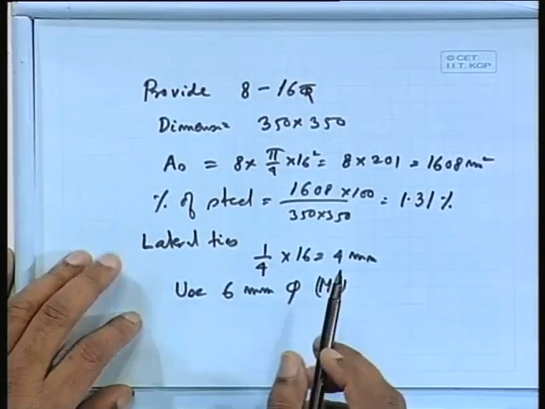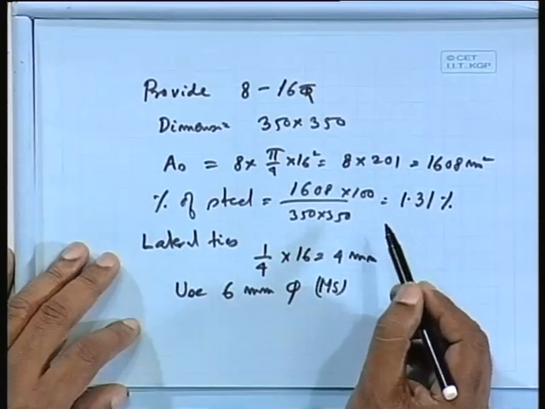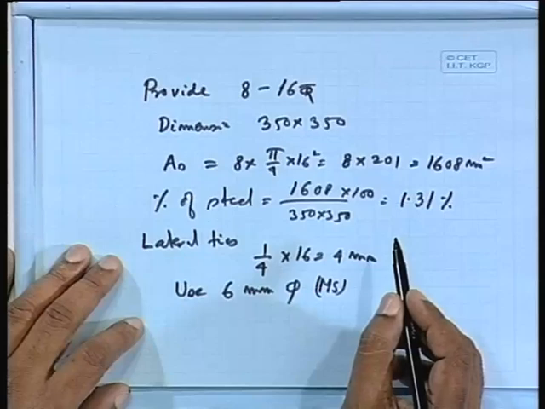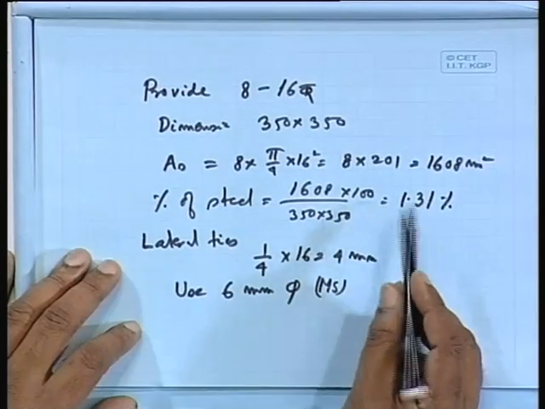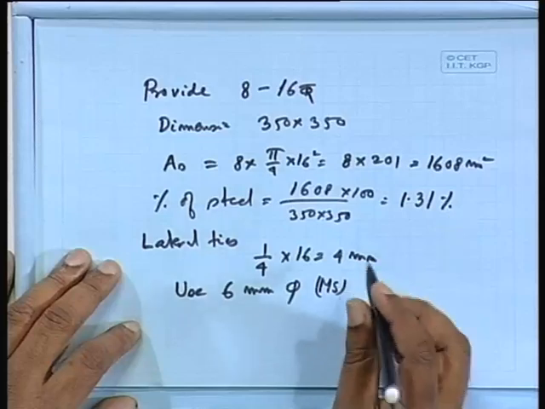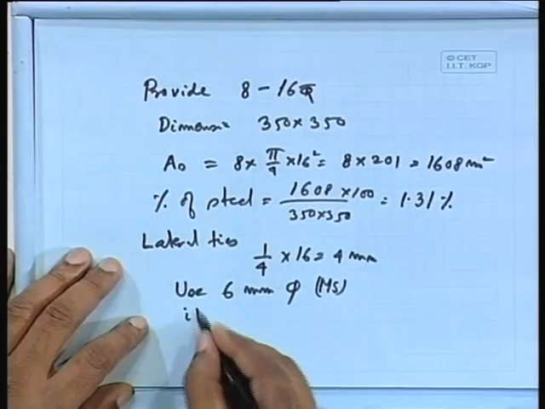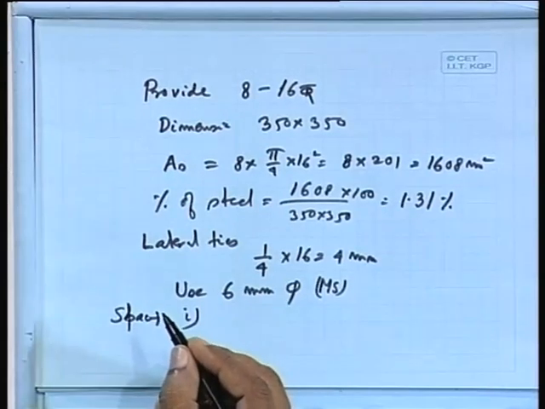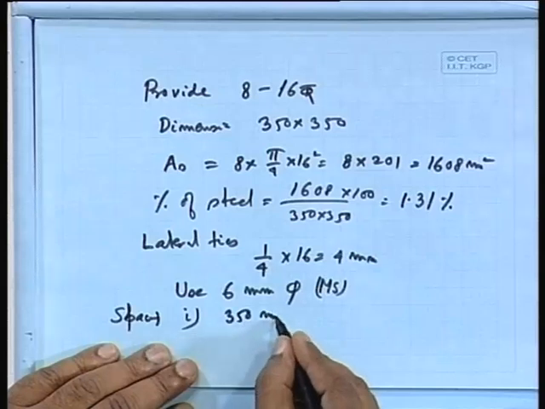What about the spacing? We have 3 different cases. Number 1, the least lateral dimension, which here is 350 millimeter.